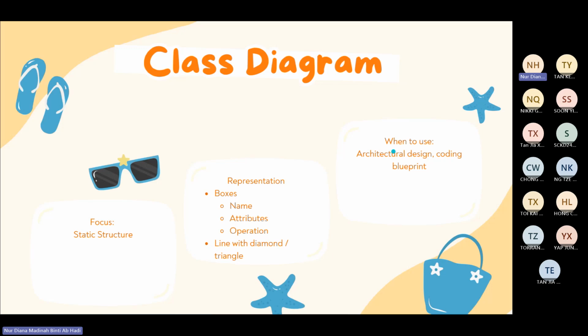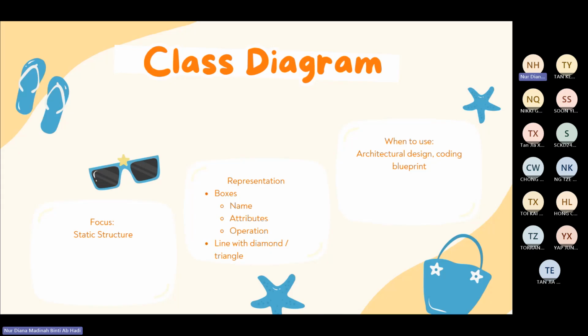Okay, so class diagram is a static structure and, as I mentioned, it is already half of your project coding. Why? Because inside your class diagram, you already have your class name, your methods involved, and your attributes involved. So that's why I said it's already halfway done.